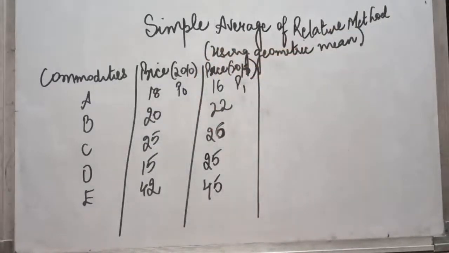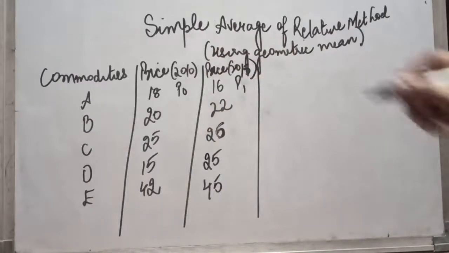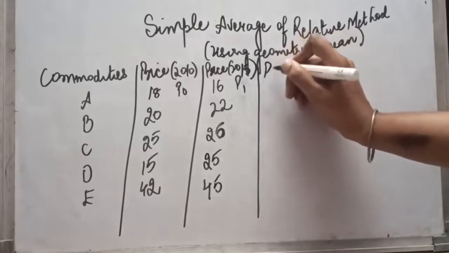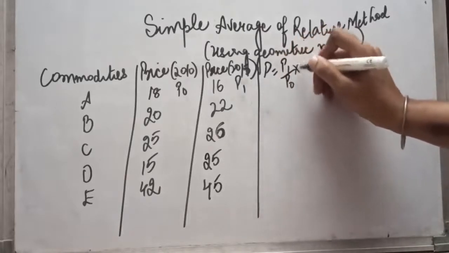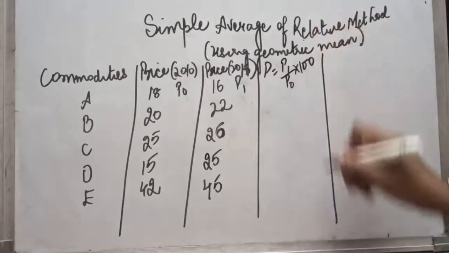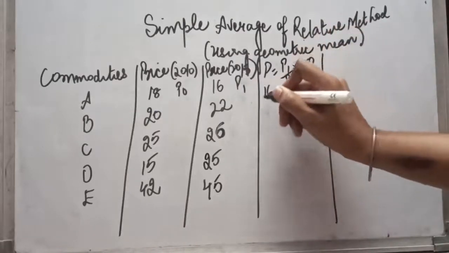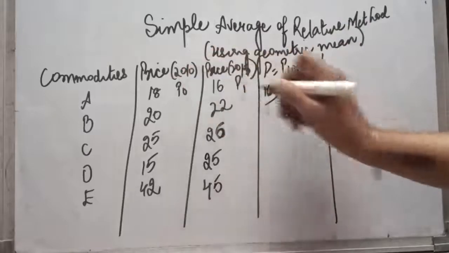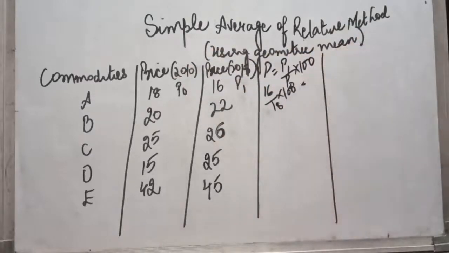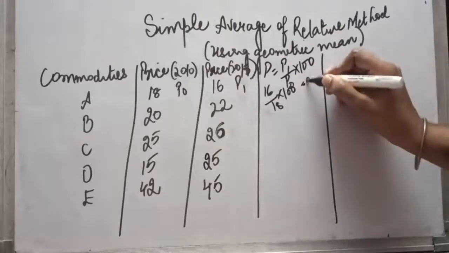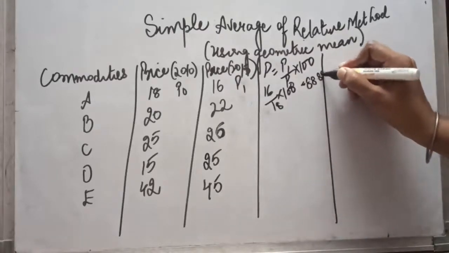As we have seen in the case of arithmetic mean, we have calculated capital P, that is price relative. Here also the formula is the same for price relative, that is P1 divided by P0 into 100. In the first instance it will be 16 divided by 18 into 100, so our first P will be 88.88.